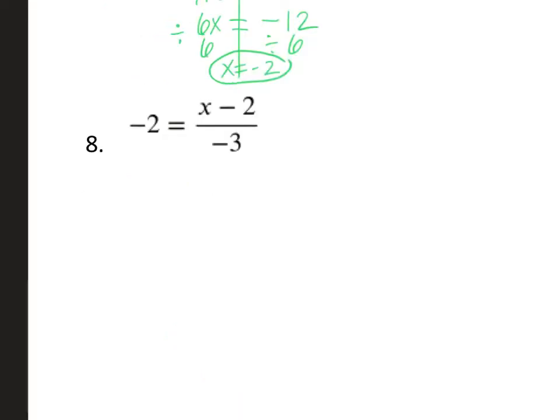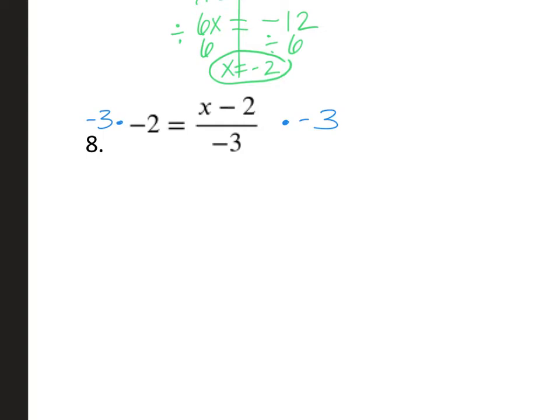Last but not least, in this problem, we have a complex fraction, and in order to get rid of the denominator and solve, we need to get rid of this dividing by negative 3, and we can do that by multiplying by negative 3 on both sides.